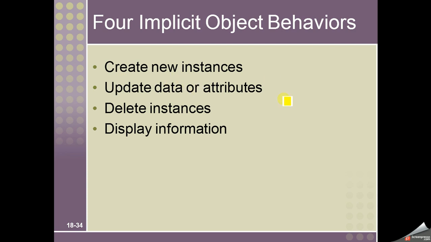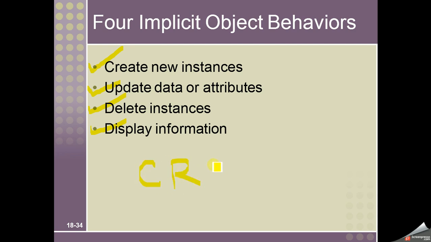So every class must have methods or a behavior to be able to create new instances. It should provide a way to update the data or attributes, to delete the instances, and to display the information. If you recall, we have studied in the data flow diagrams also what we call CRUD: create, read, update, and delete.